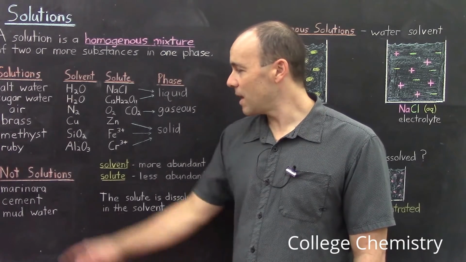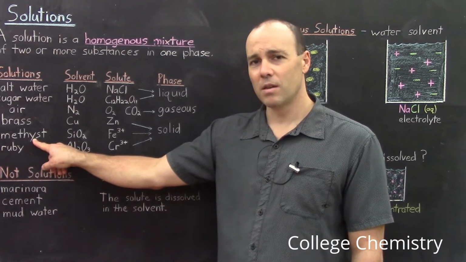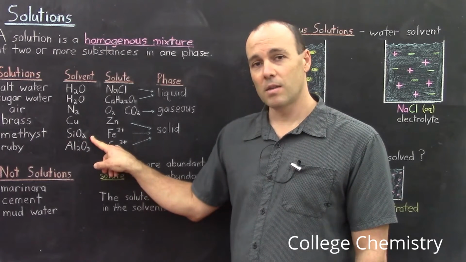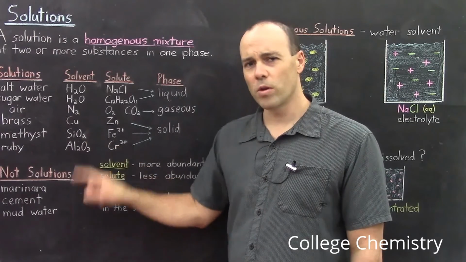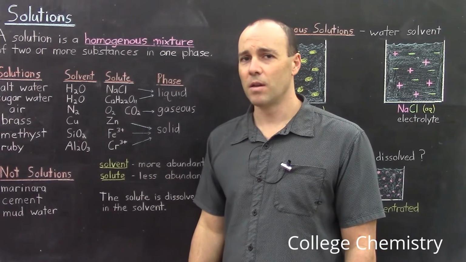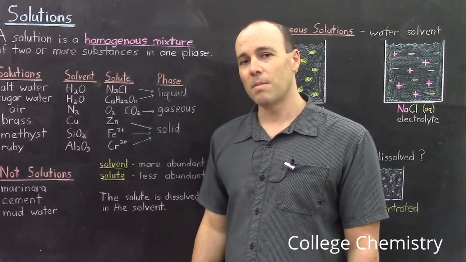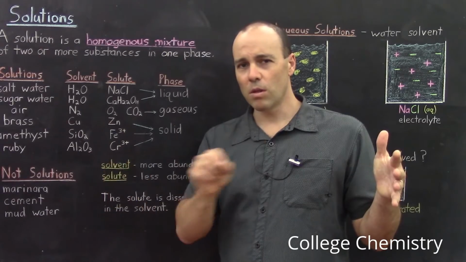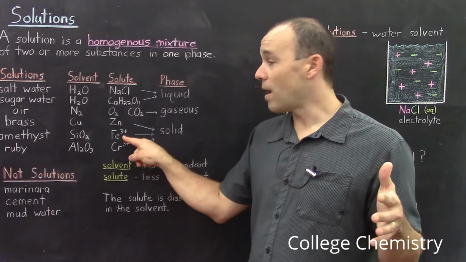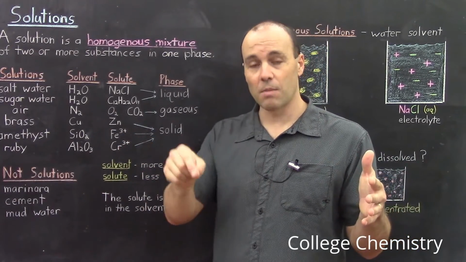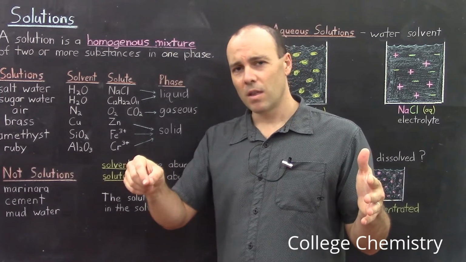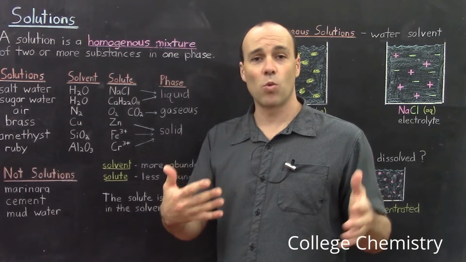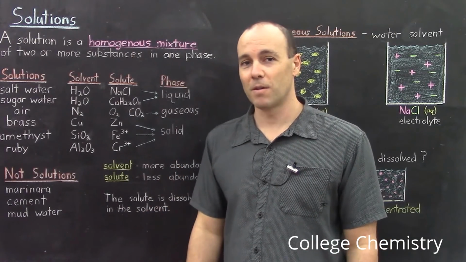And amethyst is actually silicon dioxide, which is really quartz crystal. And if you recall from our previous lecture, quartz crystal is a nice clear looking crystal. And you can imagine the crystal lattice of quartz, if you distribute throughout that lattice a few iron 3 pluses here and there in a homogeneous fashion, the iron 3 pluses affect the electronic properties of the crystal in such a way to give amethyst that nice purple color.